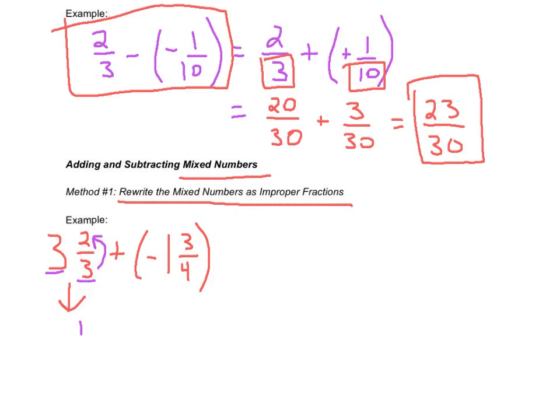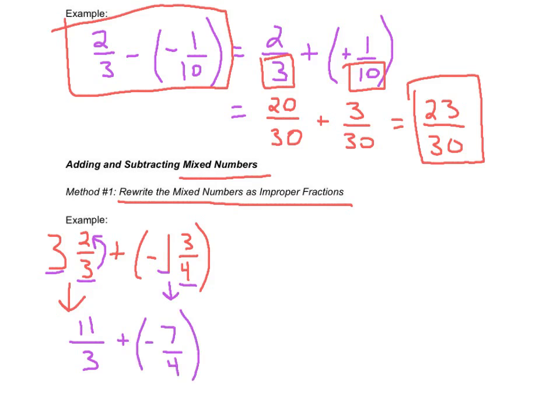We now have 11, and we keep the denominator the same. Do the same one over here. We have 1 times 4, add 3. 1 times 4 is 4, add 3 is 7. We have a negative 7 over 4.